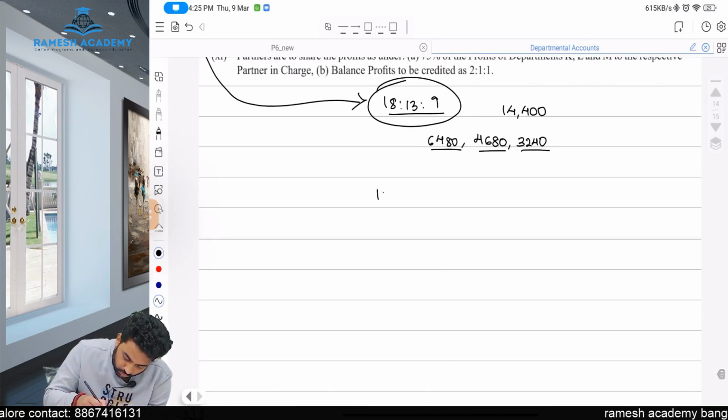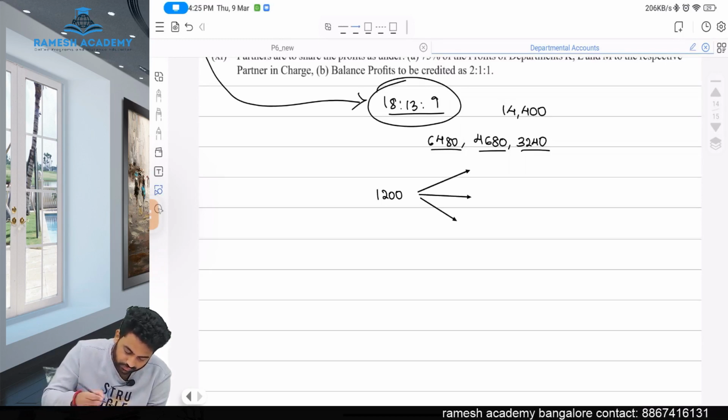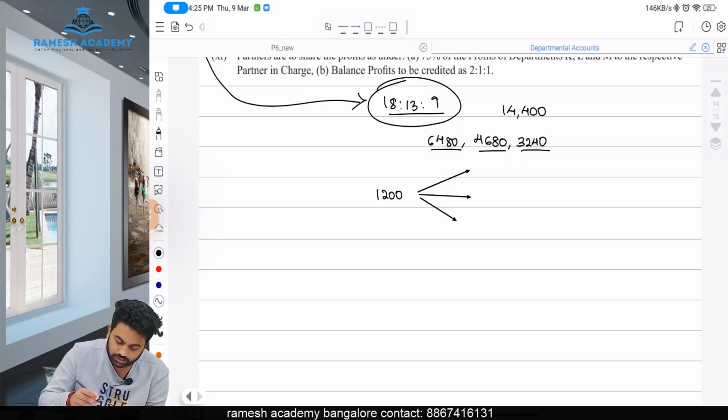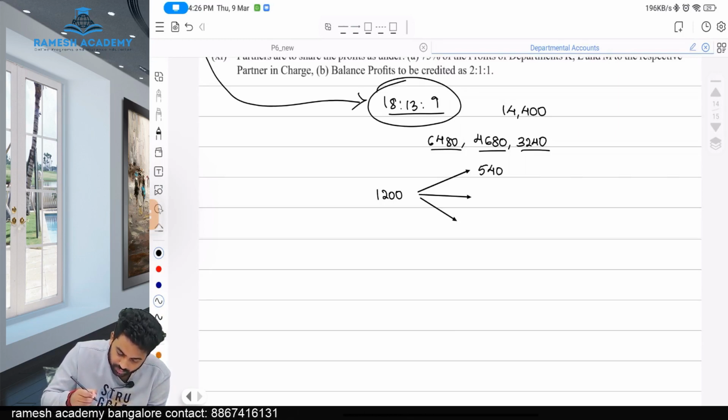So 1,200 in the ratio of 18, 13 and 9, total 40. 1,200 by 40 is 30. 30 into 18 is 540. 13 into 30 is 390. 9 into 30 is 270.